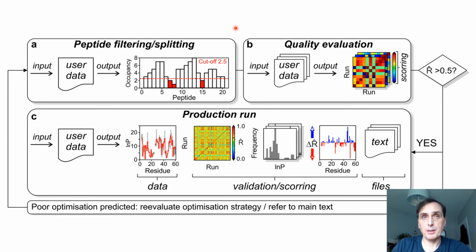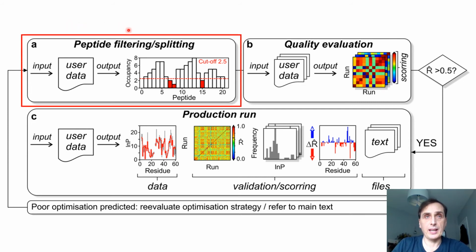So we still recommend that users follow the workflow that we outlined in our Communications Biology paper, and this will begin with a process of peptide filtering and splitting as shown here. So this is the creation of data subsections using the occupancy tool as a guide.